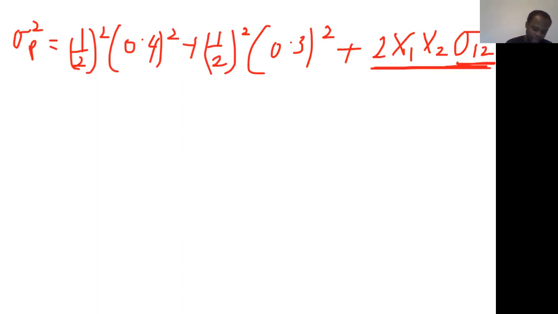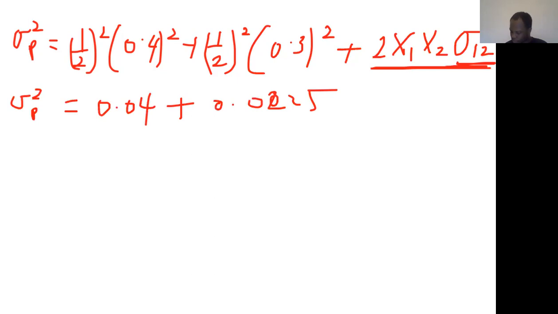So then the variance of the portfolio becomes 0.5 squared times 0.4 squared, which is 0.04, plus 0.5 squared times 0.3 squared, which is 0.0225.